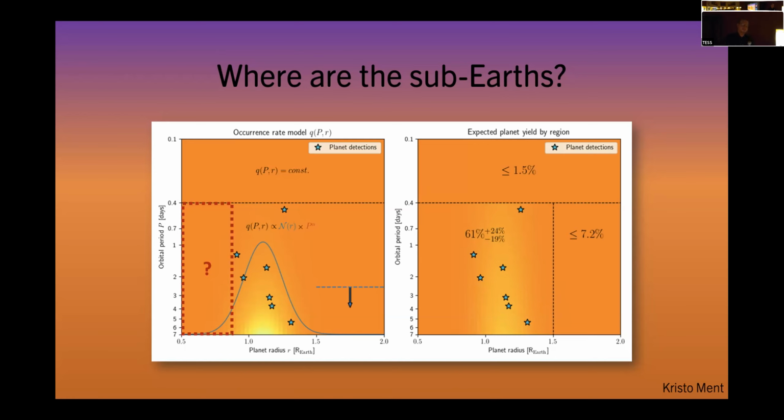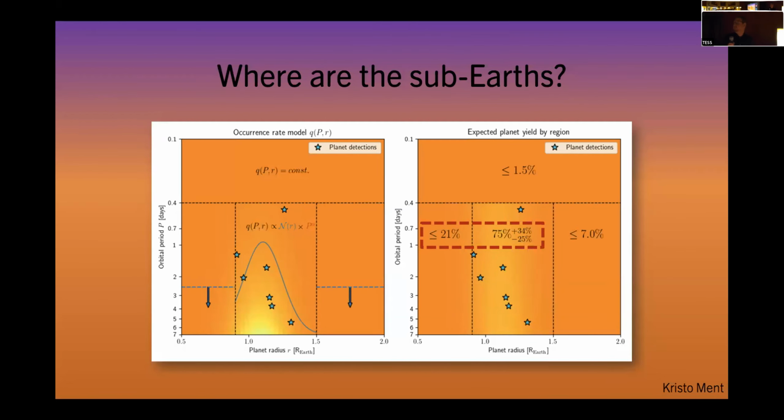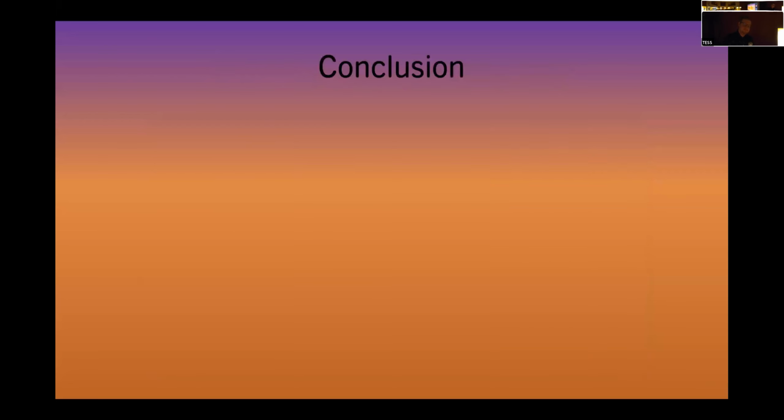So what if I include this as a separate part of the model to estimate how many sub-Earths there could be with radii between 0.5 and 0.9? And I actually find a substantially lower rate. These are 1 sigma uncertainties, but the rate is different by at least a factor of 3, which is also interesting and does warrant further study with a larger sample size to confirm that.